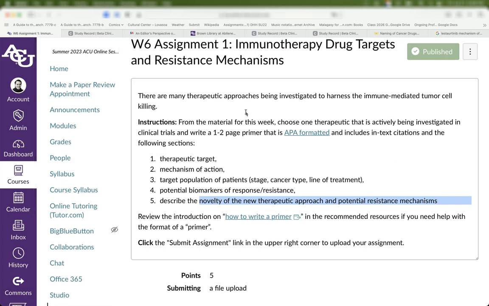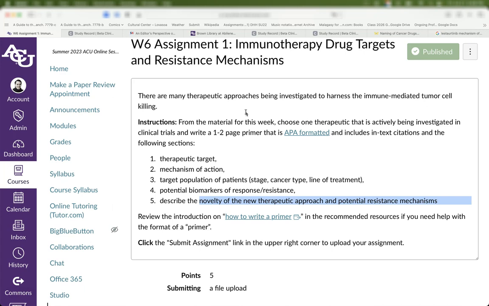Now, the novelty of the new therapeutic approach and potential resistance mechanisms is something where you might want to do some more research, just as you would want to research, based on what I know and what I can find out, those biomarkers of potential response or resistance.